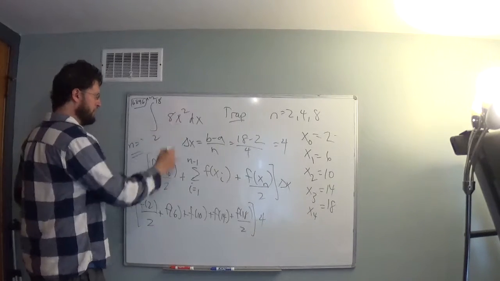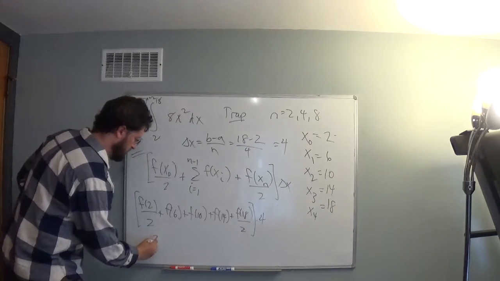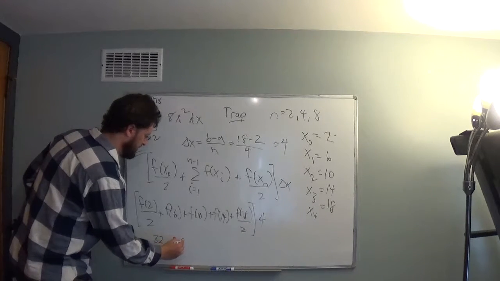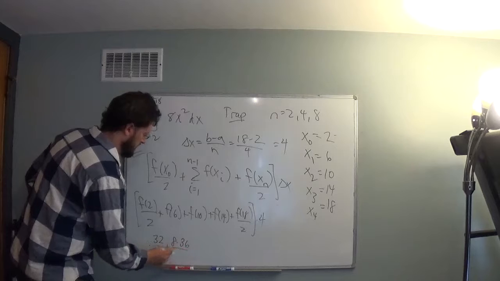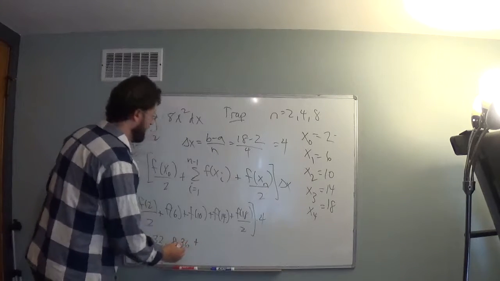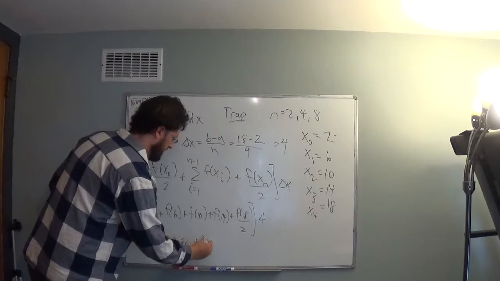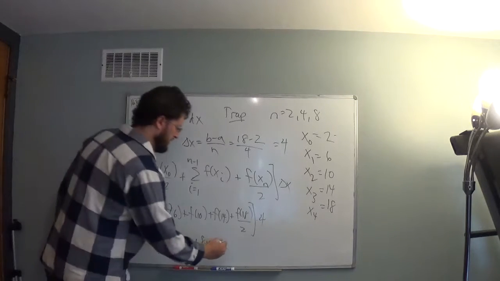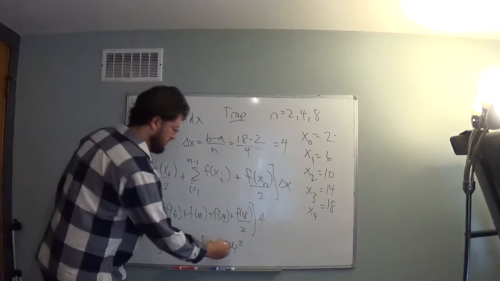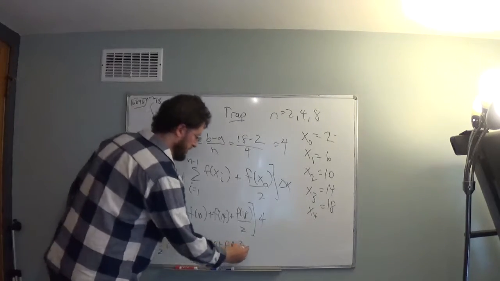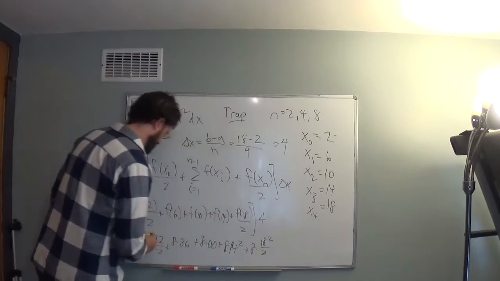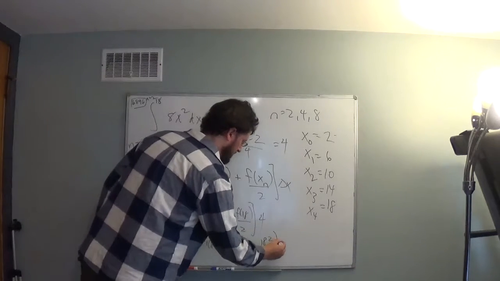So that's f at 2, 2 squared times 8, which is 32 over 2. F at 6 is 8 times 36, and no divided by 2. F at 10 is 8 times 100. F at 14 is 8 times 14 squared. Plus f at 18 is 8 times 18 squared, all over 2. All multiplied by 4.